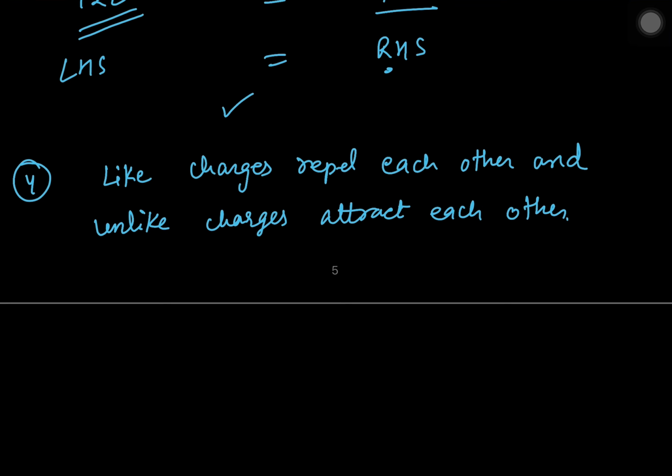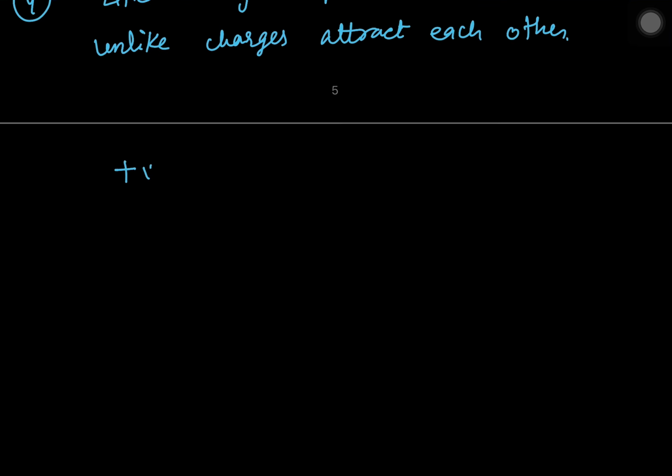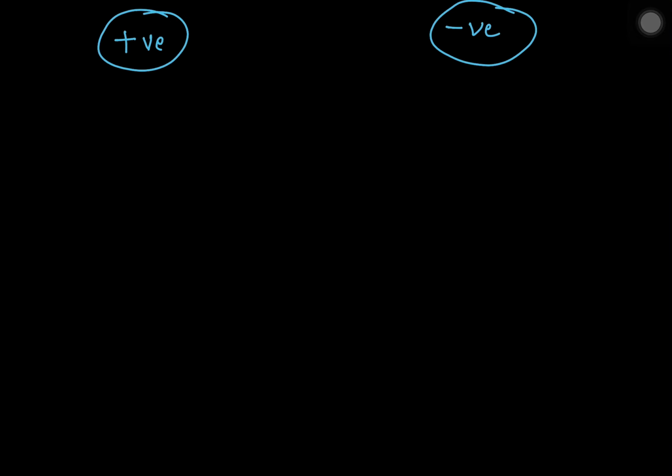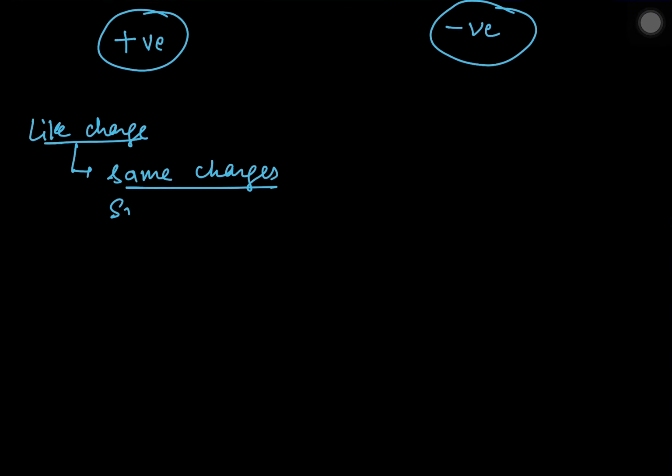So we have considered the two types of charges, positive charge and negative charge. So what I would consider as a like charge means similar charges or the same charges. Same charges or the similar charges.